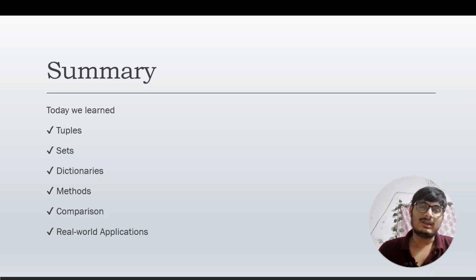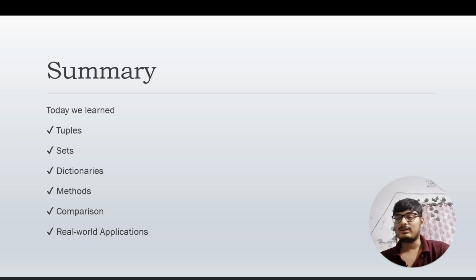Then we learned some of the methods that we can apply on these. Then we saw the comparison between these four: sets, dictionaries, tuples and lists. Then we saw some real world applications.